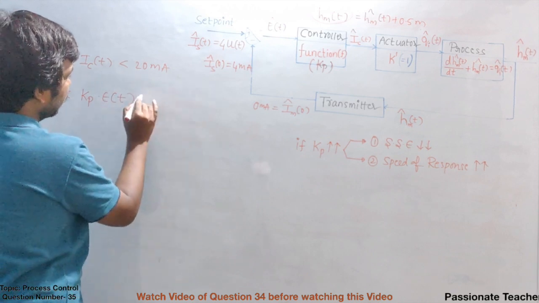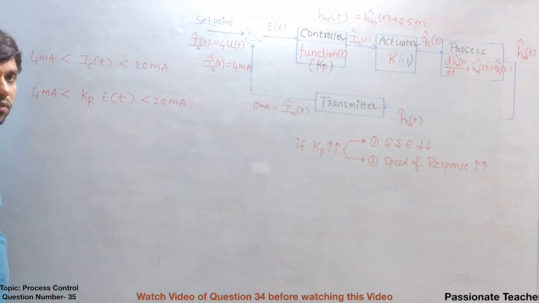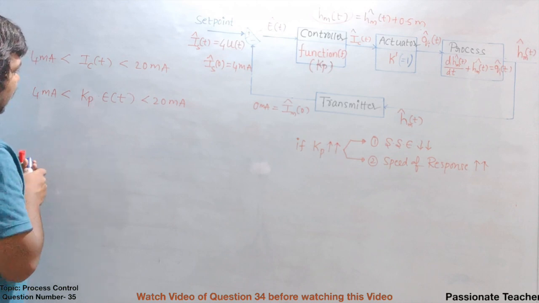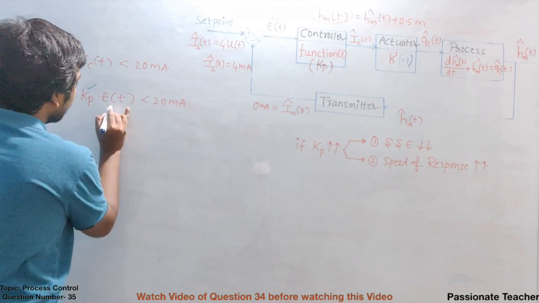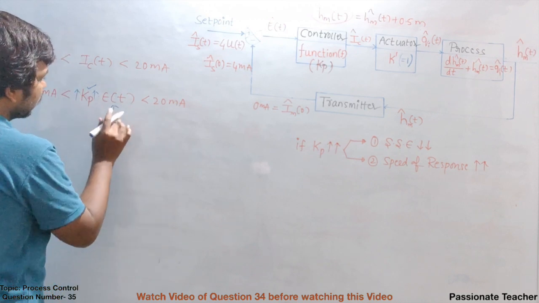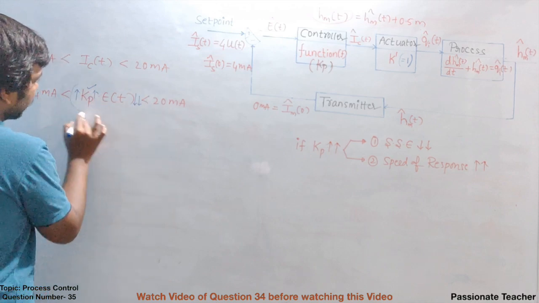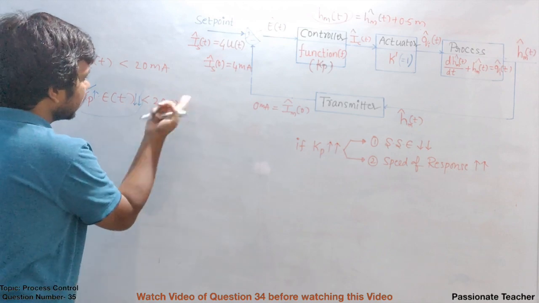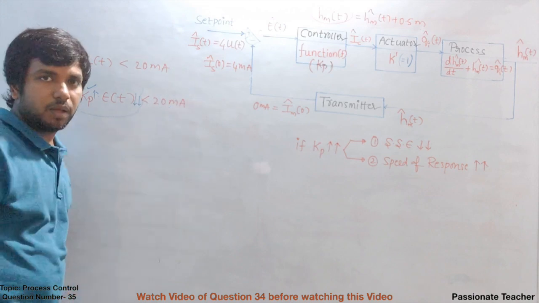So this value should not be more than 20 milliampere and it should not be less than 4 milliampere. Now have we looked at this one? If you increase the value of Kp here, then naturally, even for smaller values of error, there is a possibility that this product may be more than 20 milliampere. So that means there is a threshold here, you should not cross 20 milliampere.